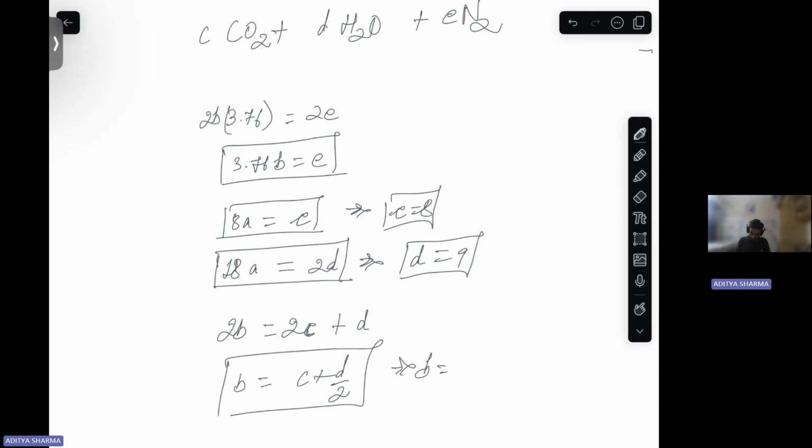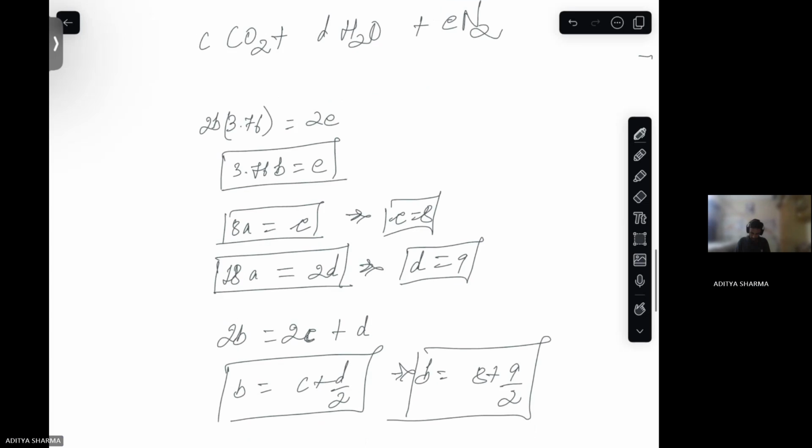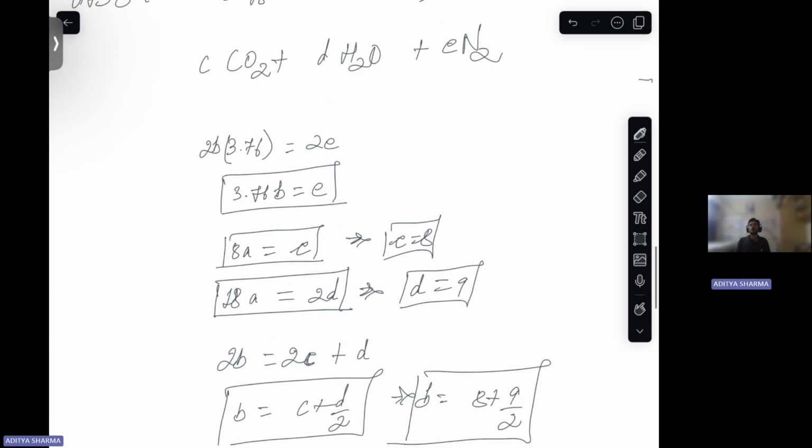So B equals 8 plus 9 by 2, which is also 12.5, right?